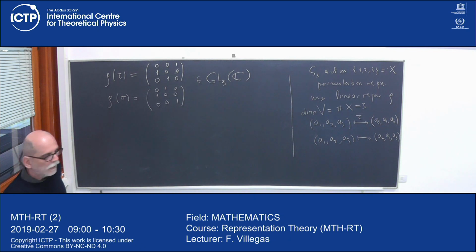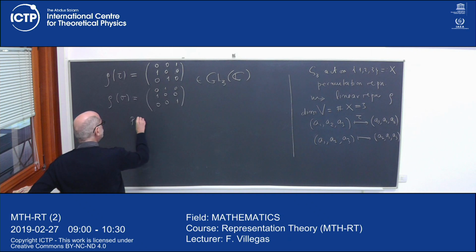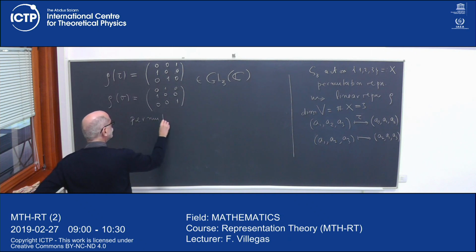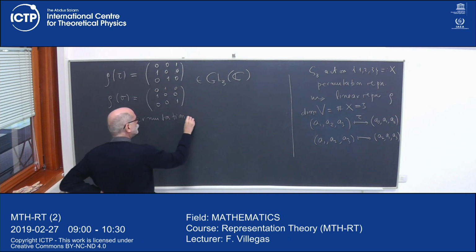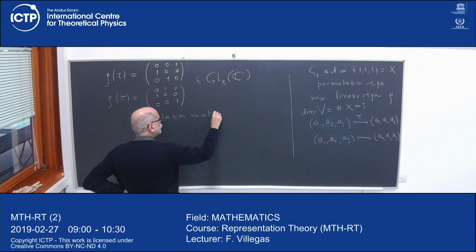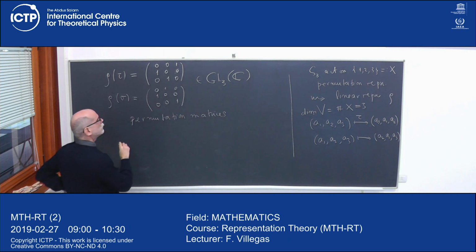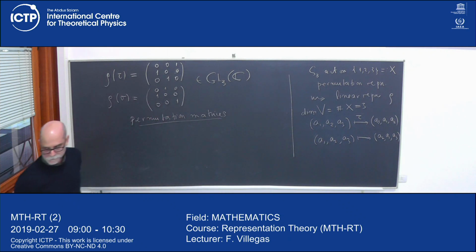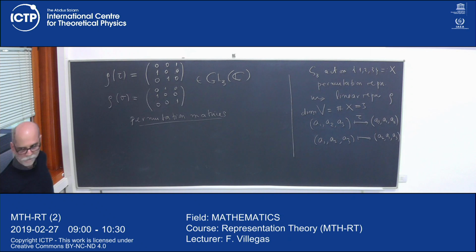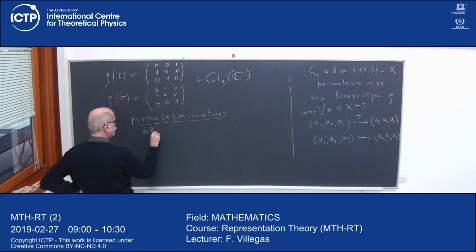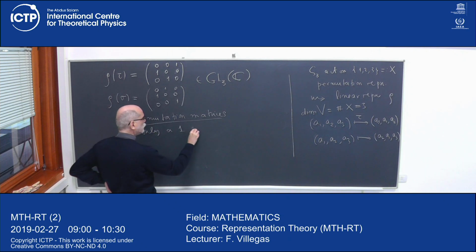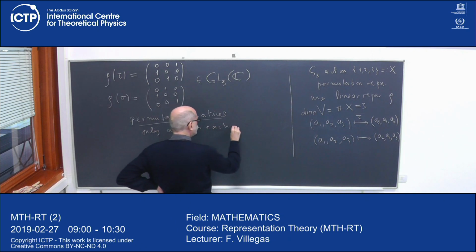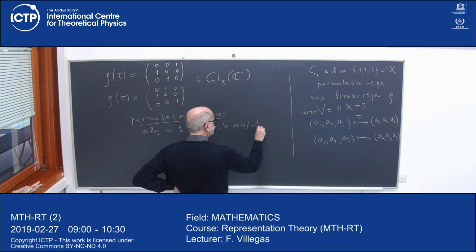Permutation matrices? Yeah, these are called permutation matrices. How are they characterized? They have only a 1 on each row and column, and everything else is 0.